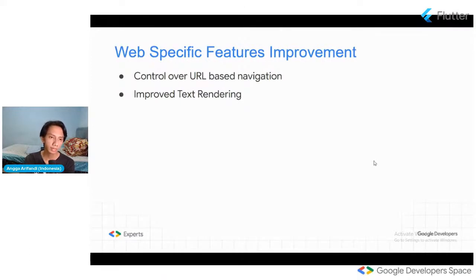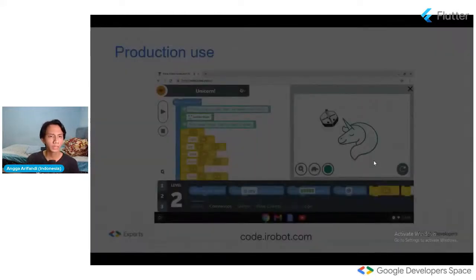And then the next thing is text rendering. There have been a lot of improvements to text rendering on Flutter Web since its beginning. I'm not going to go through the details, but text rendering is one area where I think Flutter Web is constantly improving. I think Harris also mentioned it in his slides.